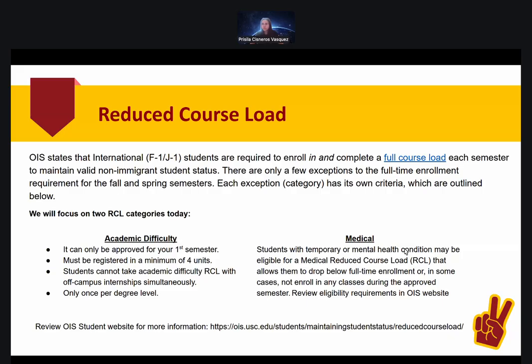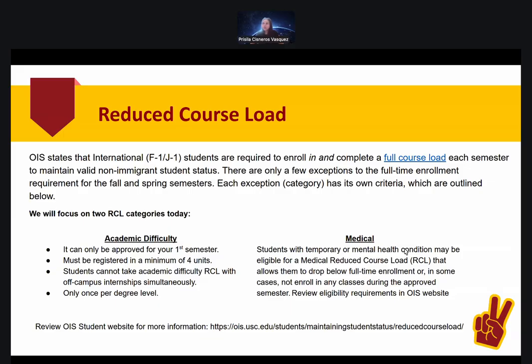Academic difficulty is considered if you are approved for your first semester. You can only take it once during that degree level. You do need a minimum of 4 units for that semester, so that is the lowest that you can go. Students cannot take academic difficulty within any other semester, and if you have any off-campus internship, then that's not a good justification to use academic difficulty.